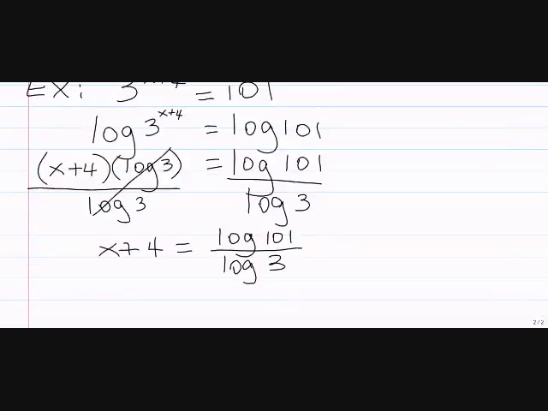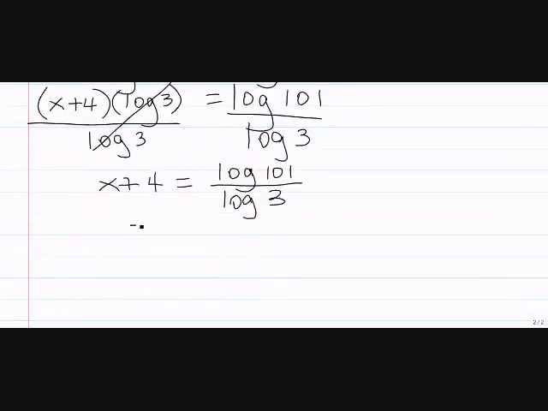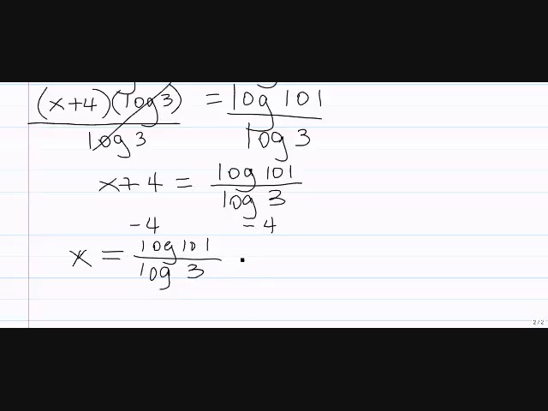To finish solving for x, I'll subtract 4, and x is exactly the log base 10 of 101 divided by the log base 10 of 3, minus 4, which is approximately, in calculator speak, log parentheses 101 close parentheses divided by log parentheses 3 close parentheses minus 4.